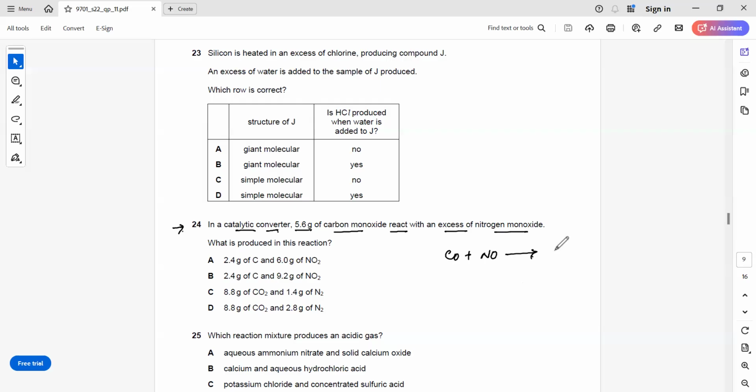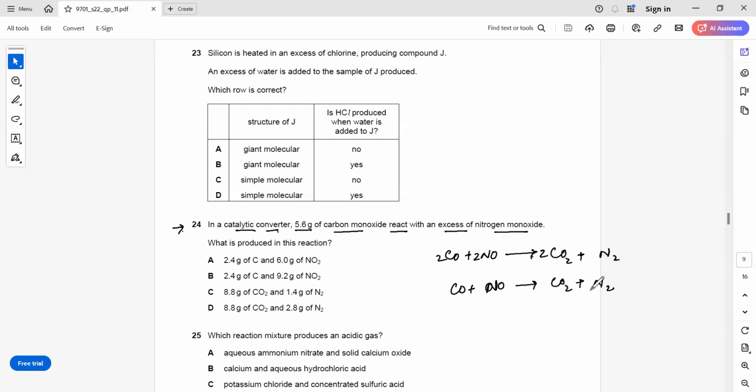Carbon monoxide is converted into carbon dioxide, and NO is converted into N2. So we can balance this equation either by placing 2 here and the nitrogens are 2 there. So 2 here and 2 here. Or we can balance it with the half of it, isn't it?